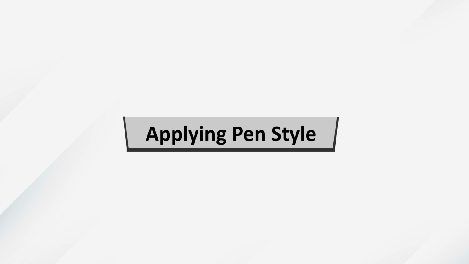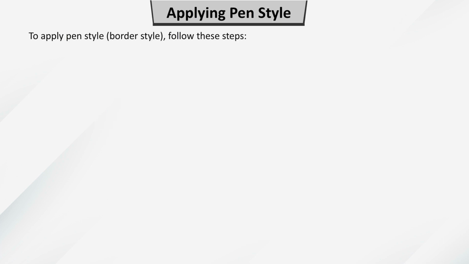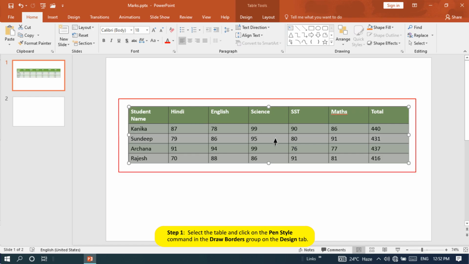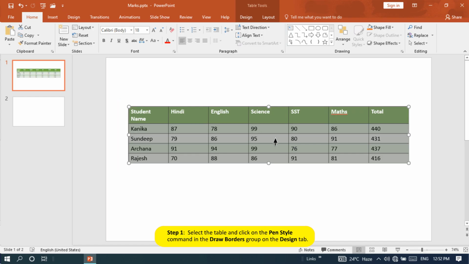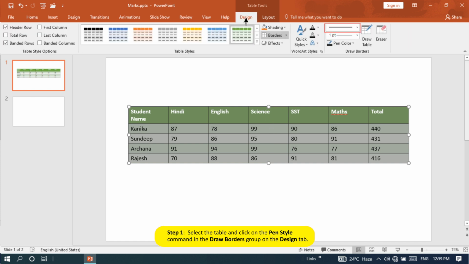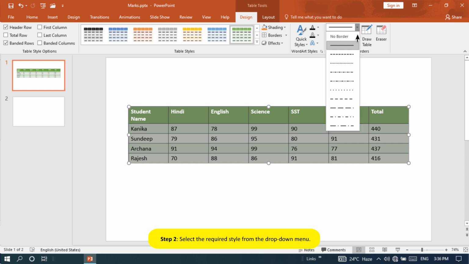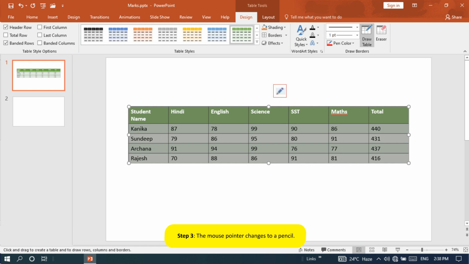Applying pen style. To apply pen style, border style, follow these steps. Step 1. Select the table and click on the Pen Style command in the Draw Borders group on the Design tab. Step 2. Select the required style from the drop-down menu. Step 3.